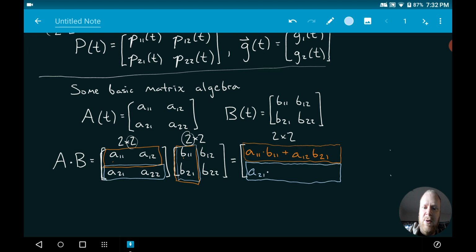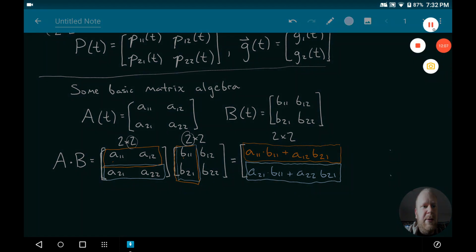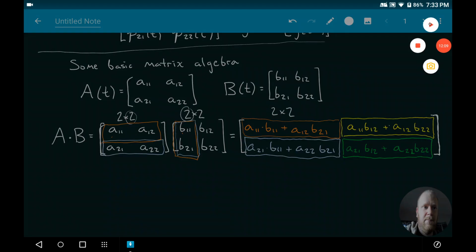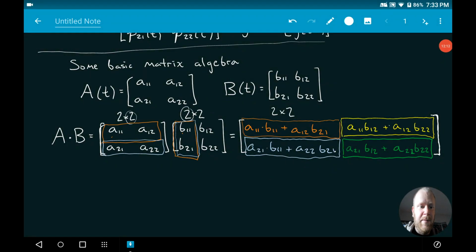So this will be A21 times B11 for my first term, plus A22 times B21. All right, I will finish this up, and you can see the results there. Okay, so this is the result, and you can see if you agree with that.